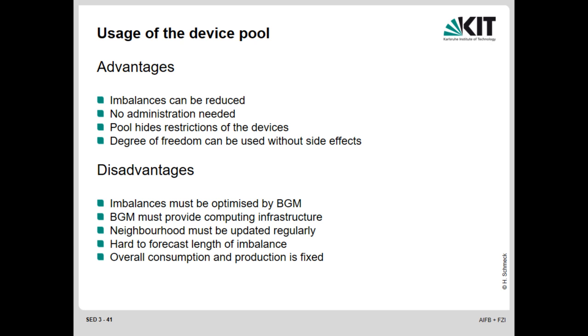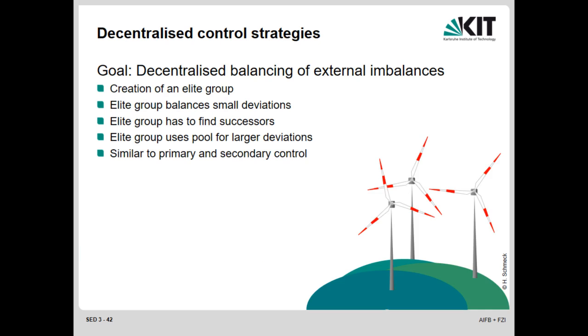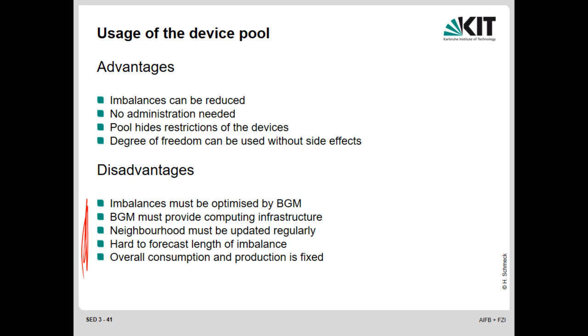Disadvantages are that the imbalances still have to be optimized by the balancing group manager. So here, the balancing group manager would tell there is this imbalance. How can we modify that? He would get all the information, run the evolutionary algorithm, and then get the result.